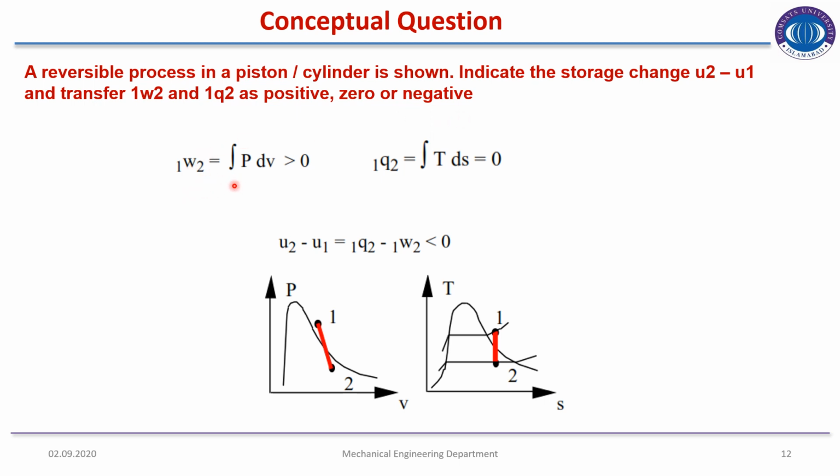As a piston cylinder is a closed system, the relation for work done is the integral of P dV. Here from 1 to 2 the volume is increasing, so dV is positive, therefore the value of W1 to 2 is greater than 0.